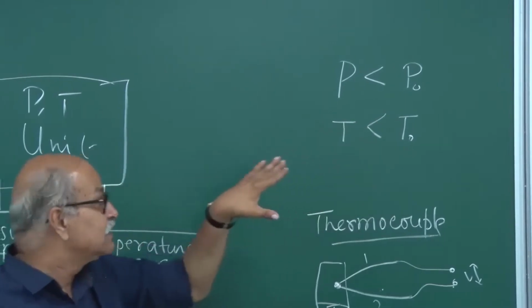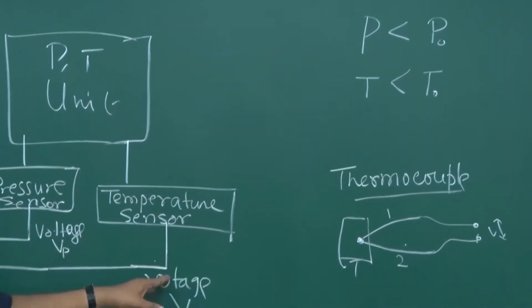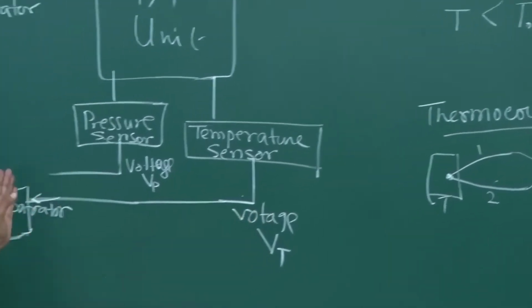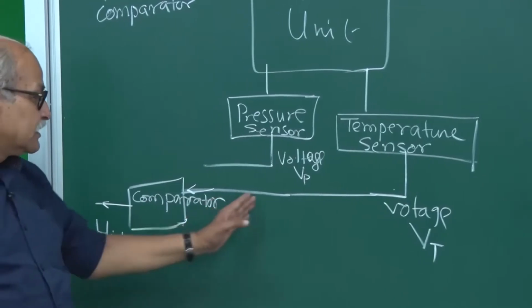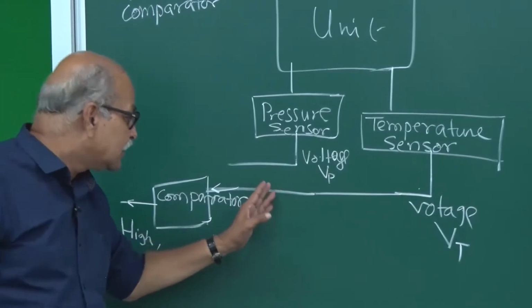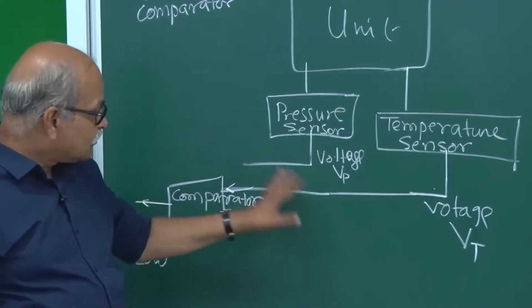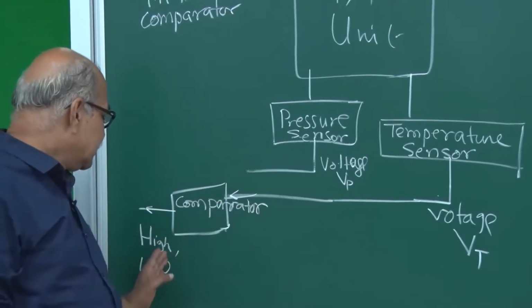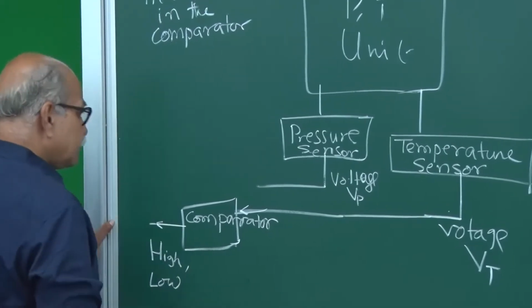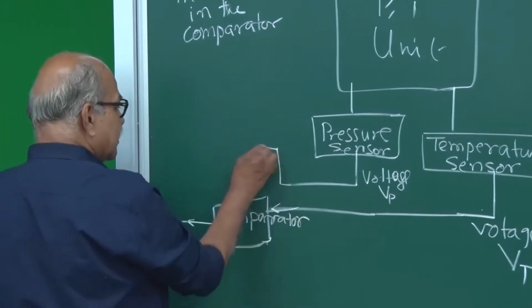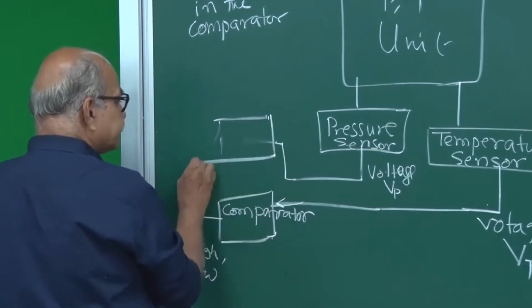I know at 370 degrees Celsius how much voltage will be created here, so I can put that as the preset value. The moment this signal is more than that, it gives me this high output, and as long as it is less, it gives me the low output. So, this is it. Similarly, you can have a comparator here. Similarly, you can have a comparator here.